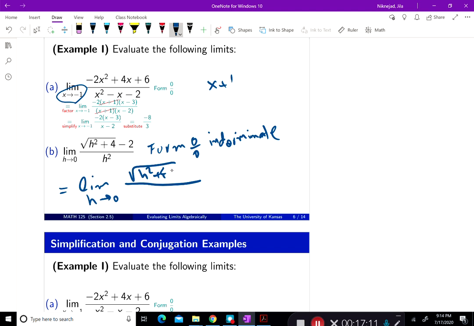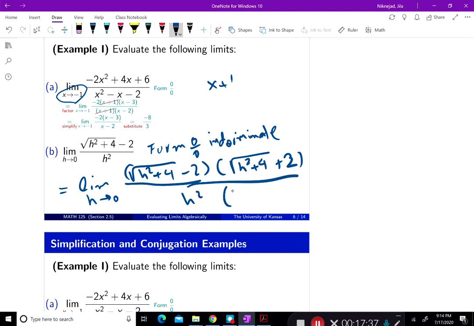So I multiply this time square root of h squared plus 4 minus 2 times the conjugate of that, which is plus, and h squared in the bottom, and if we're multiplying by the conjugate, it has to be top and bottom.